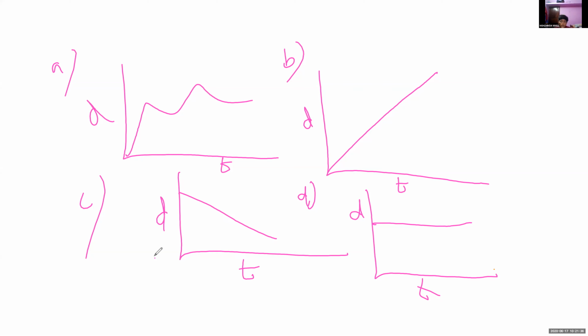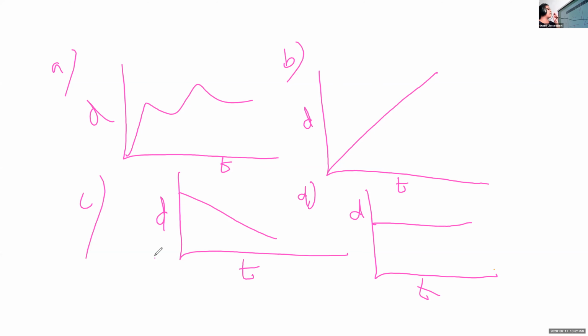Okay. Anuj, which type of graph represents uniform motion here? A, B, C or D? B. Okay. Lena?